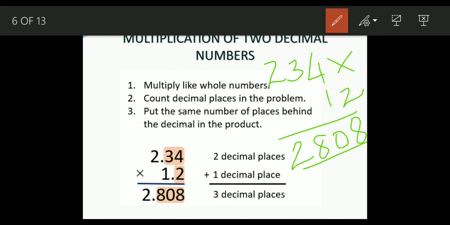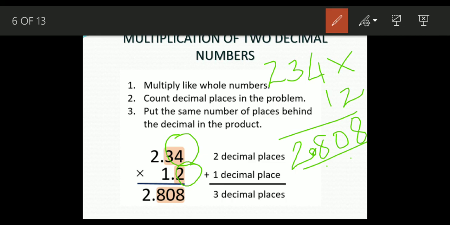You get the answer as 2808. Okay, now in 2.34 after the decimal, how many numbers are there? Two numbers are there. Okay, in 1.2 after the decimal, how many numbers are there? One number is there. So 2 plus 1 becomes what? 3, which means from the right side, before the third number I have to keep the point. So this is 1 number, 2 number and third number. In the starting video we had only one decimal number, so we considered only that decimal number.